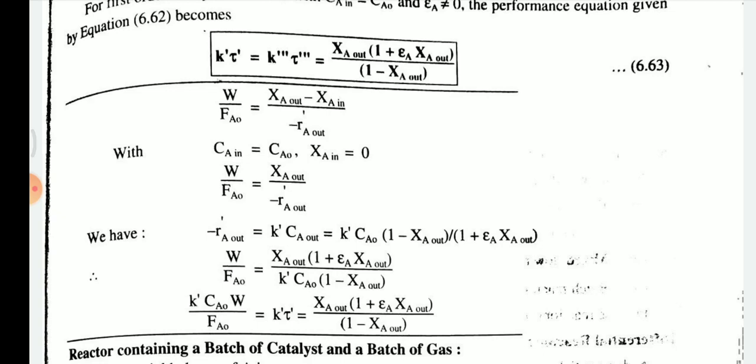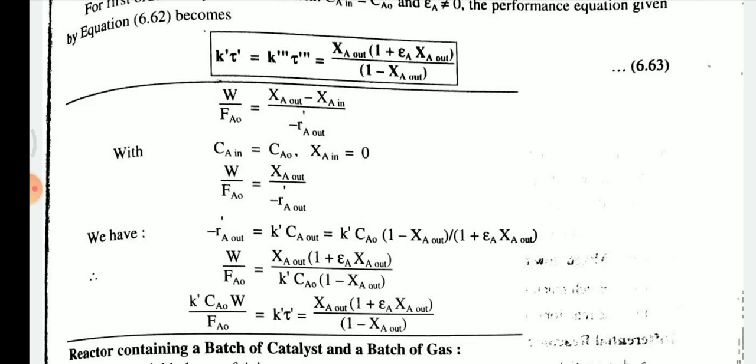So we have the next equation that Ra dash out is equal to K dash Ca out is equal to K dash Ca0 1 minus Xa out upon 1 plus summation of epsilon A into Xa out. So the equation is written in the form of W by Fa0.